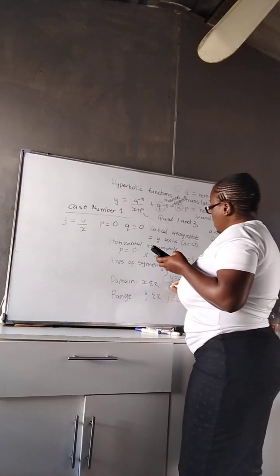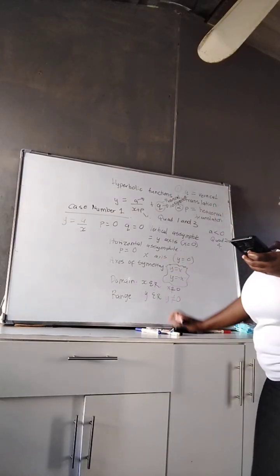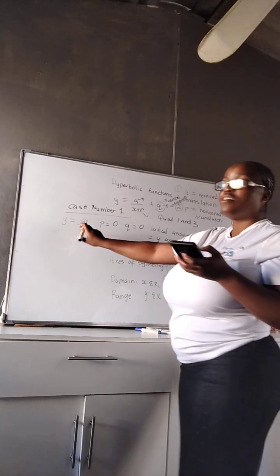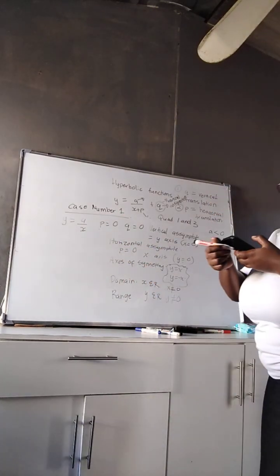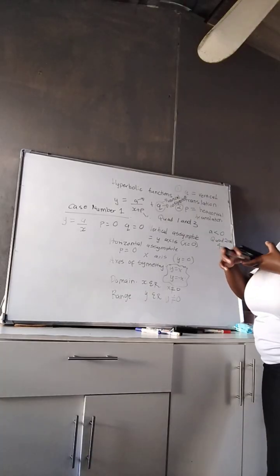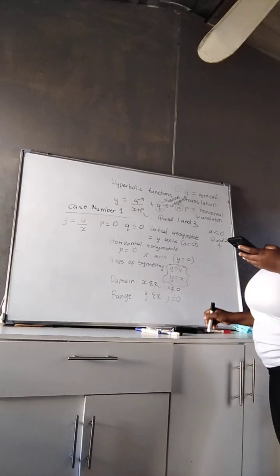And in this case, x is also not equal to 0, so that it can be defined. Because if 0 is there, then it's not going to be defined. So at the end of the day, we have that, right?